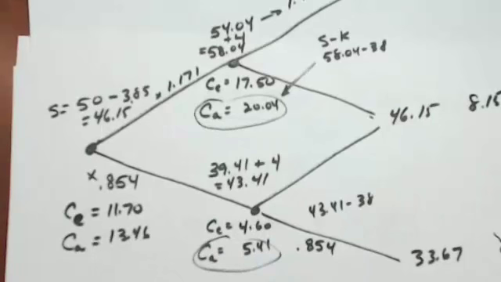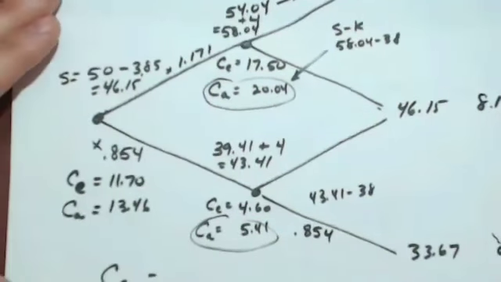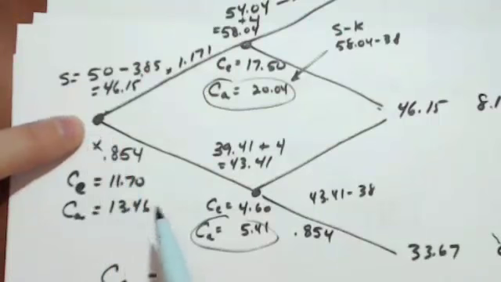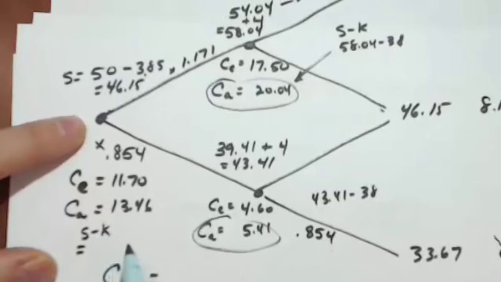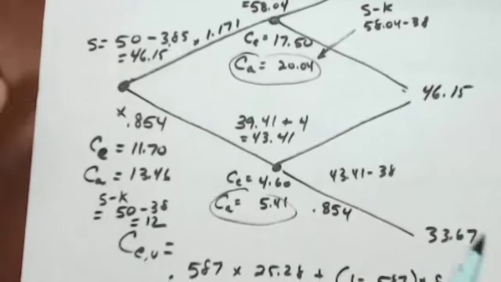We have one more thing to consider in determining the value of the option, and that is, if we sat right here, we always have the ability to exercise the option. And so the value of the exercise, the payoff, would be S minus K. That happens to be the actual stock price of $50 minus the 38, which is equal to $12. Okay? Now, let's summarize.